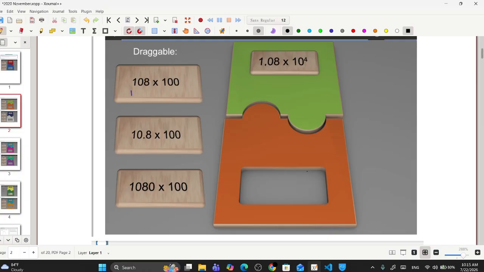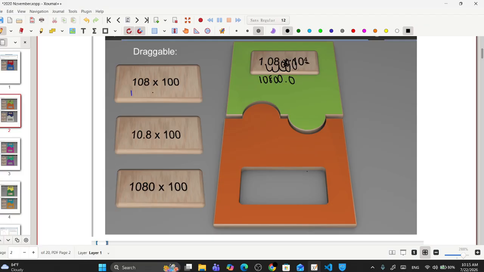I should write this in number form. 1.08 can also be written as, since we have a positive 4 as the power of 10, 1, 2, 3, 4, so basically the decimal point should be moving 4 places towards the right. So this becomes 10800.0, realistically, if we were to remove the standard form notation.